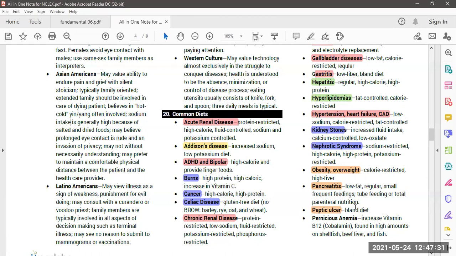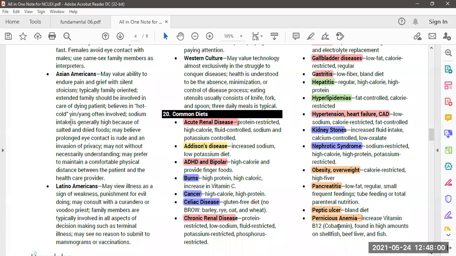As I told, blend diet for them if the patient has a gastrointestinal problem, like peptic ulcer, like colitis, like Crohn's disease. If patient has a pernicious anemia, we give them, increase the vitamin B12.